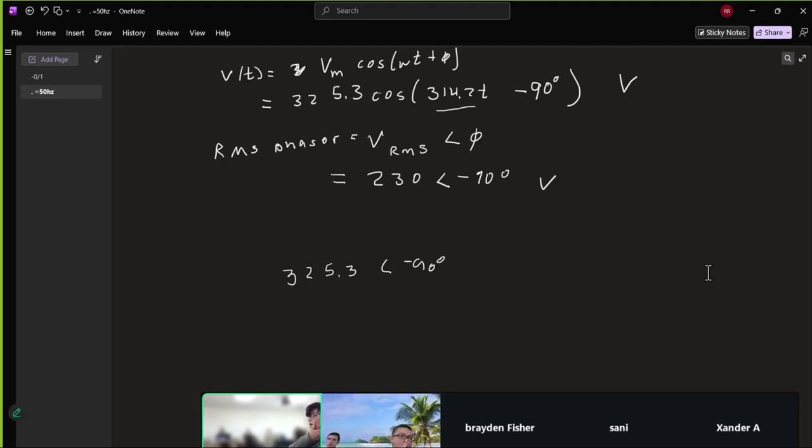But it does make them easy to work with because you can work with them like exponentials. In phasor form, when you multiply two phasors, you add their angles together, and when you divide one phasor by another, you subtract them, because you're looking at the exponential form of the trigonometric equation up here.